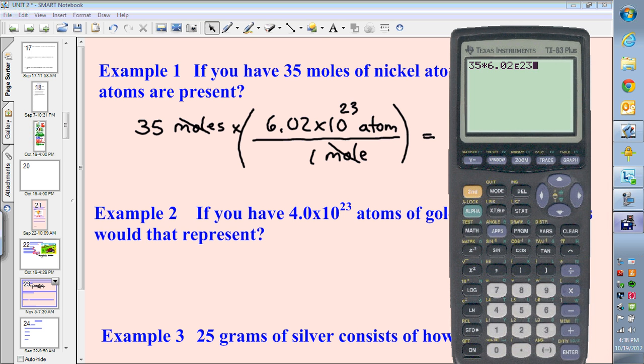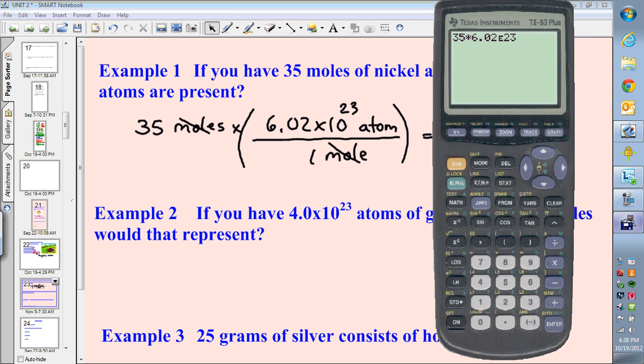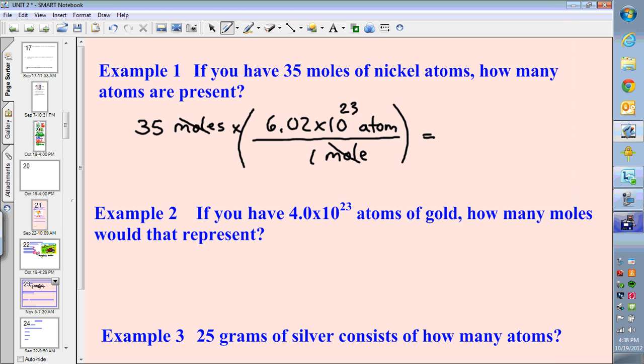You've got an EE or an EXP button on your calculator, so use that instead. Okay, so 6.02 times 10 to the 23, and you get 2.107, we'll call it 2.1 times 10 to the 25 atoms. So 2.1 times 10 to the 25 atoms.